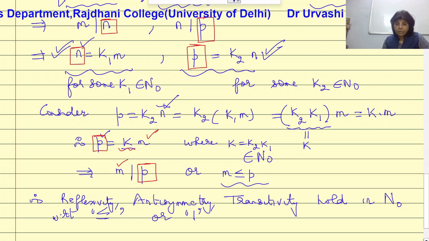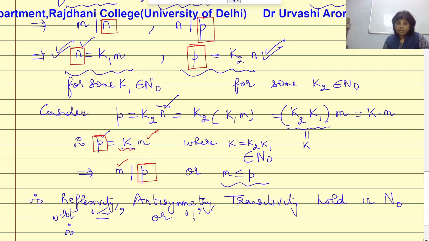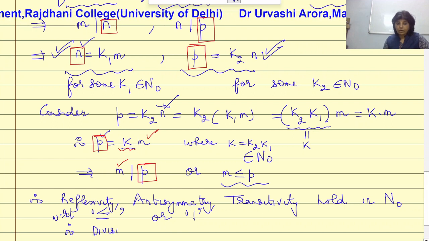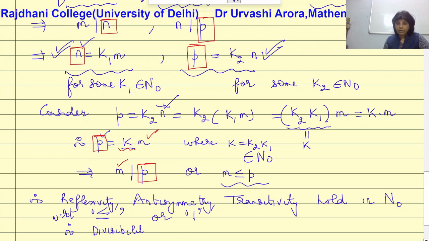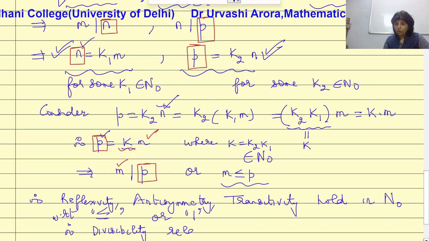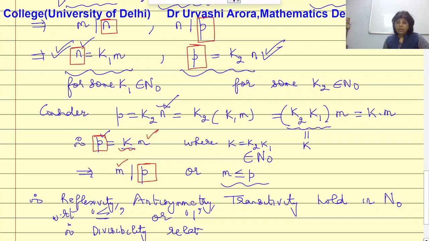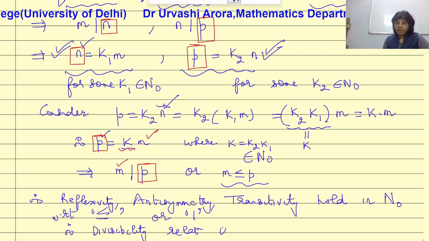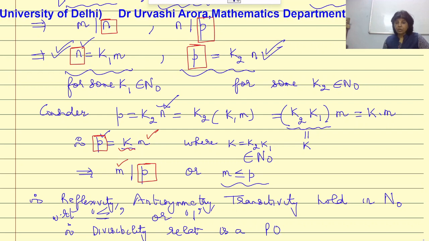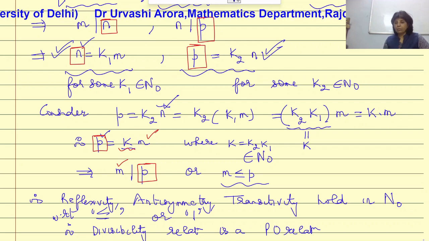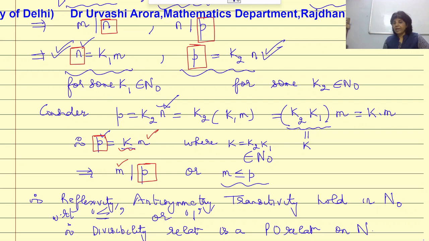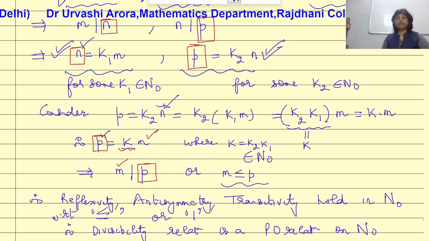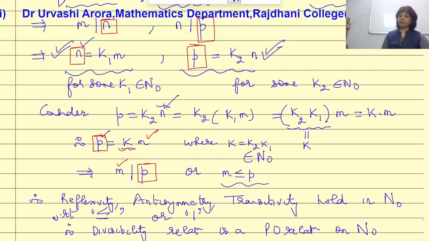Therefore the divisibility relation is a partial order relation on the set of whole numbers. Therefore the divisibility relation is a PO relation on the set of whole numbers, which we have denoted as N naught. So this is what I had to show in this particular video.